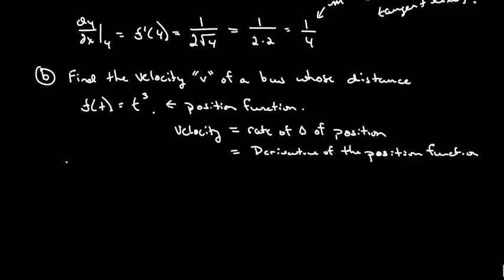So what we need to find is what is f prime of t, or what is dy dt if we said that y was equal to t to the third.